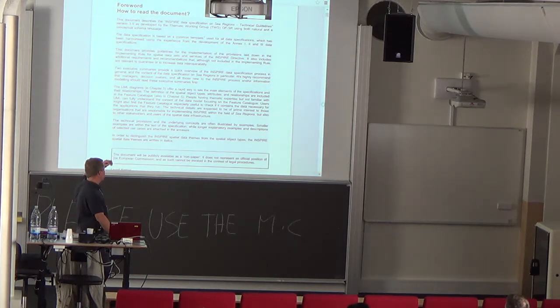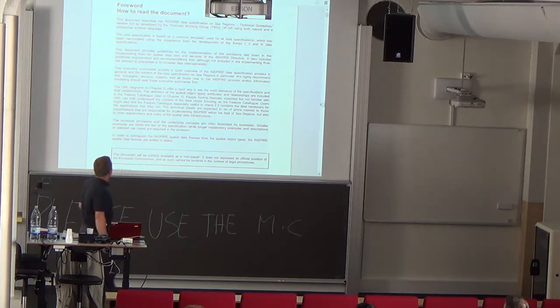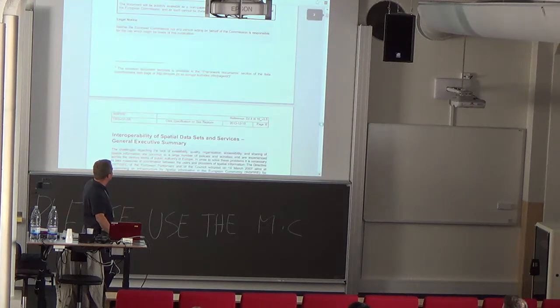So it is usually my recommendation, when you first have some data specification in your hands, to read this foreword, to see how to read the document, and it explains what I was telling you in the presentation, how it will be much easier for you to follow.